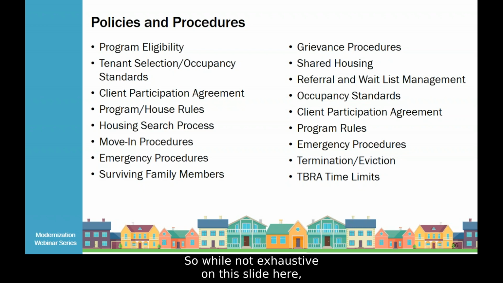So while not exhaustive, this slide is a pretty good list of all the main topics that you'd want to cover in your policies and procedures. You can see just from the slide that you would want to cover basics like eligibility, any rules, client participation agreements, and termination.